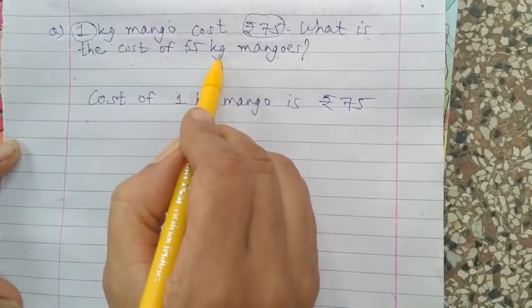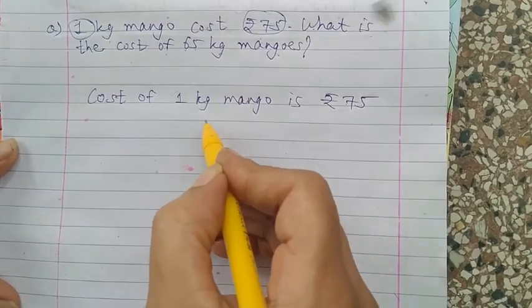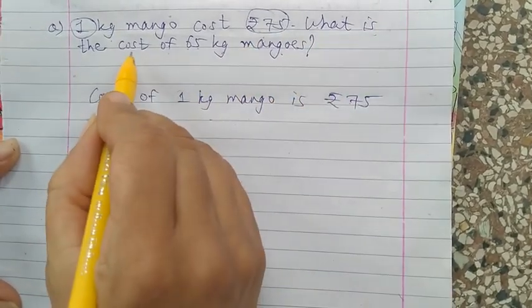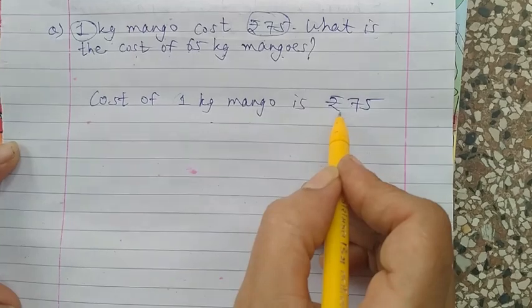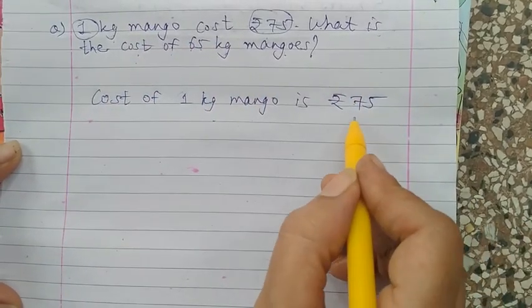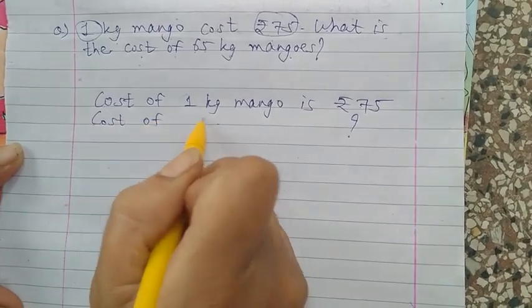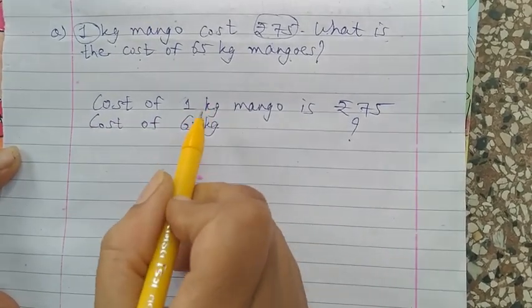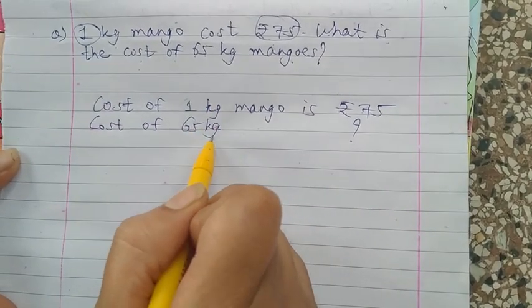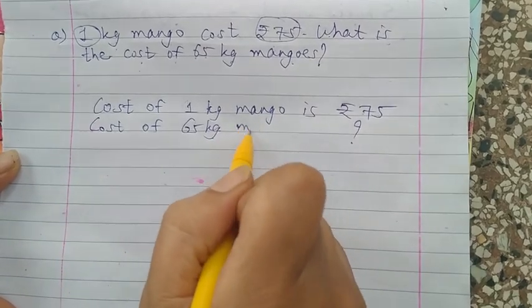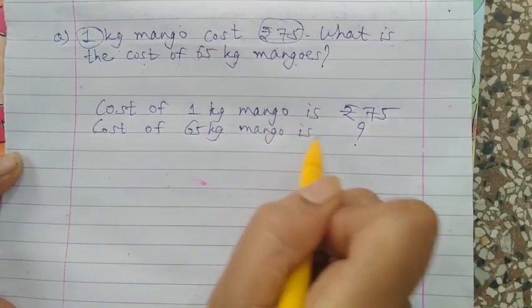Now 65 is in kg, so I'll add kg below kg. And what is asked is the cost, so here cost comes in rupees. So I'll put a question mark here. So the cost of 65 kg mango is question mark.